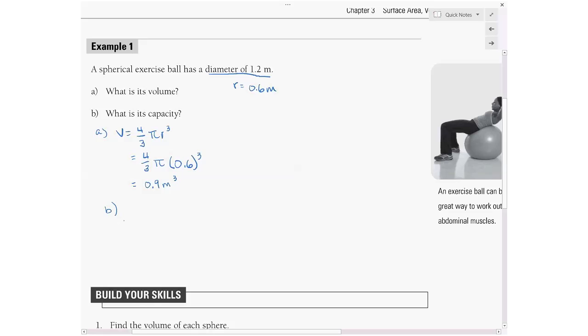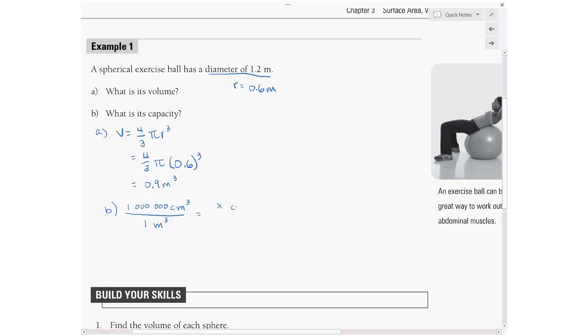Now I've given you the conversion between meters cubed and liters, but let's do it in 2 steps just to keep going with that. So we know that 1,000,000 centimeters cubed is the same as 1 meter cubed, and you have that on your formula sheet. You can write the other one on your formula sheet as well.